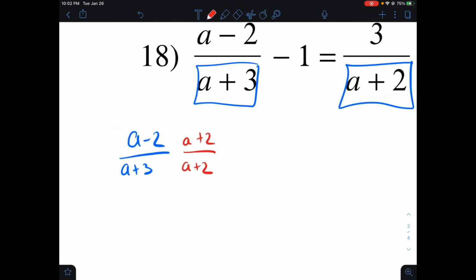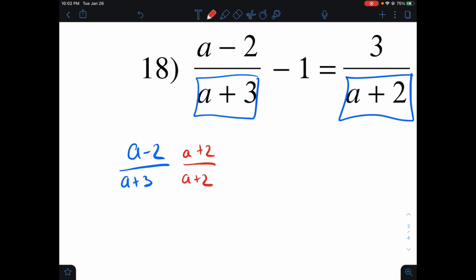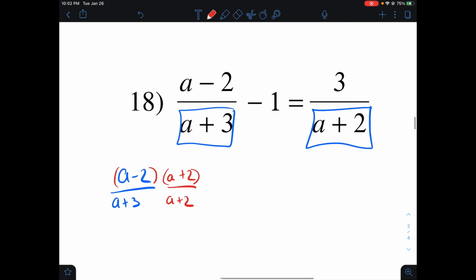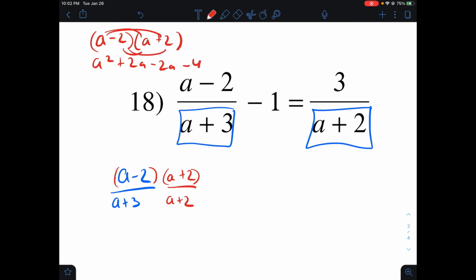When I do that, if you recall, we have to FOIL this. I'll FOIL this up here so everyone can see. You have a minus 2 times a plus 2. We get a squared plus 2a minus 2a minus 4.